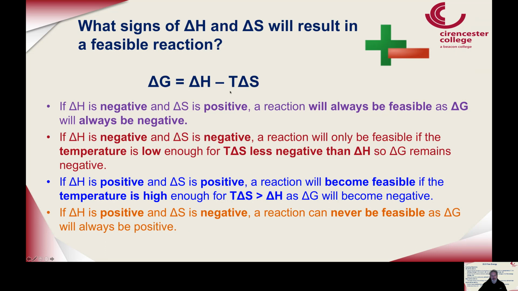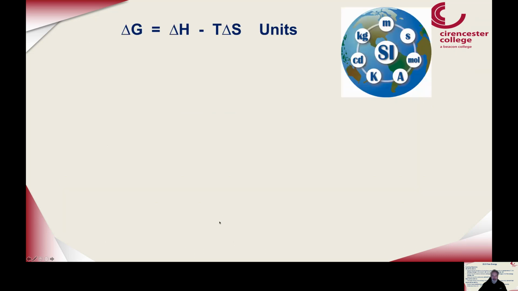You're never going to get it to be negative. So in that case, the reaction is never feasible. That's an endothermic reaction, which will be positive, and the entropy in the chemicals is negative going from reactant to product. So it'll be never feasible.